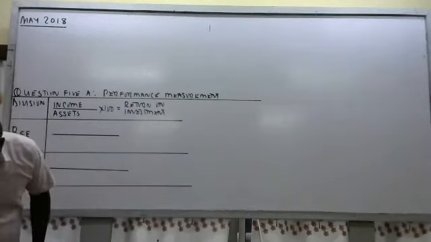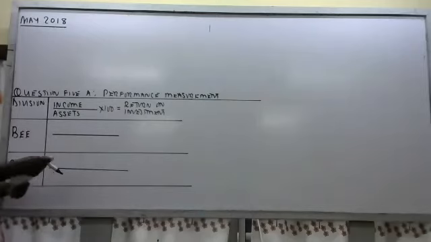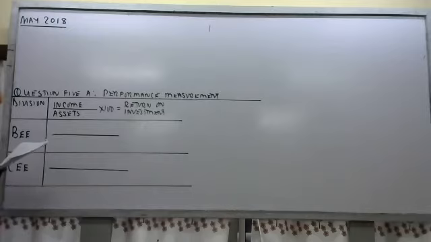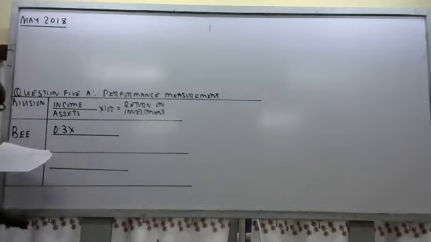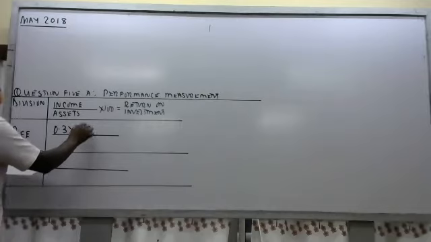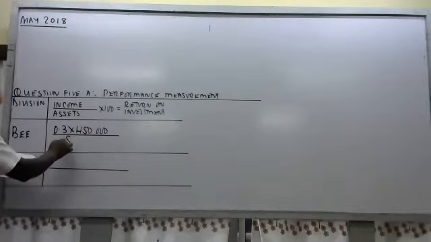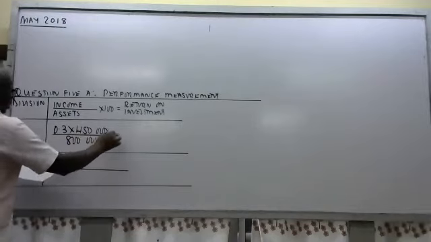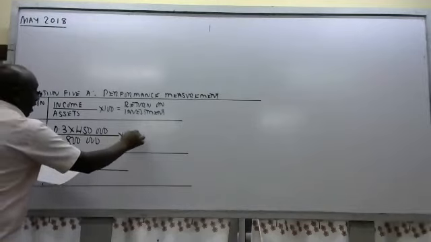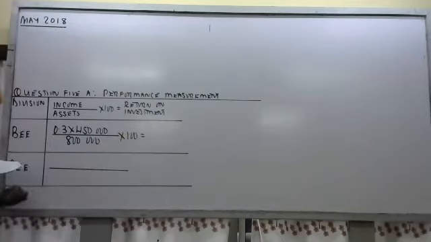When you look at the data, we are told net profit margin is 30% for B. So it will be 0.3 times the revenue. The revenue of 450,000. Then you divide by the assets of 800,000. Then you multiply by 100.